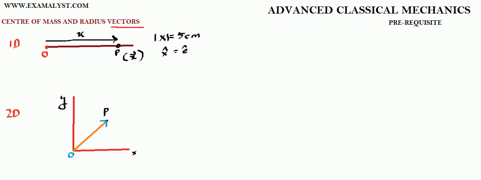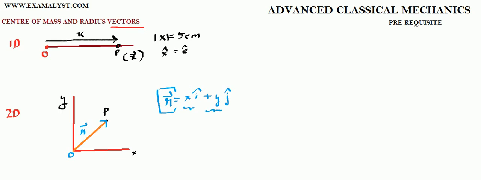Now you will ask how. Consider this radius vector is represented by r vector. We know that every r vector can be written in terms of the x and y coordinates: x i, and y j. So once you know the r vector of point P, then you know where it is along the x-axis and along the y-axis.